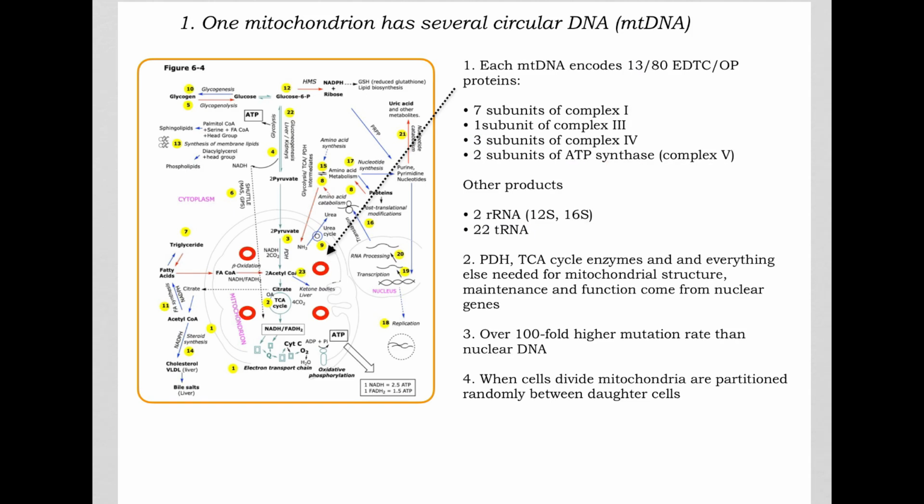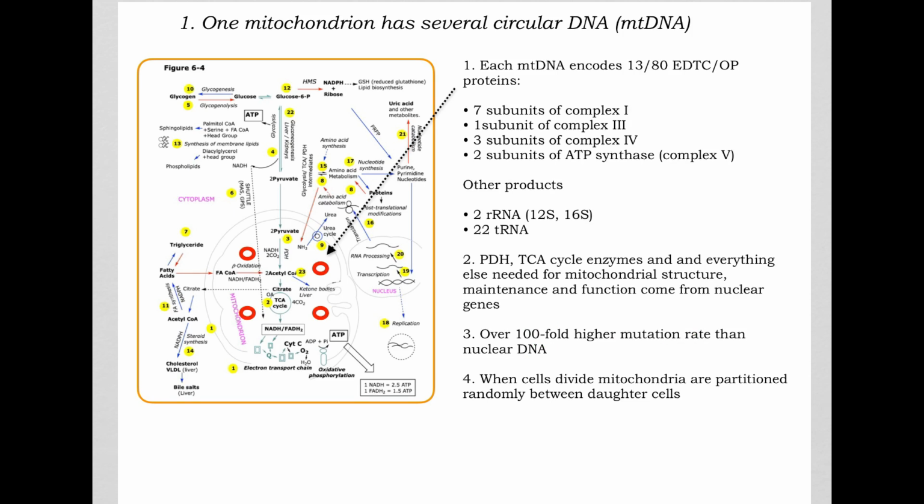All the other subunits that are necessary for complex 1, 3, 4, or 5, as well as complex 2, and all the other enzymes needed for mitochondrial structure, maintenance, and function, all of this information comes from nuclear genes. It's also important to note that mitochondrial DNA has a much higher mutation rate than nuclear DNA.